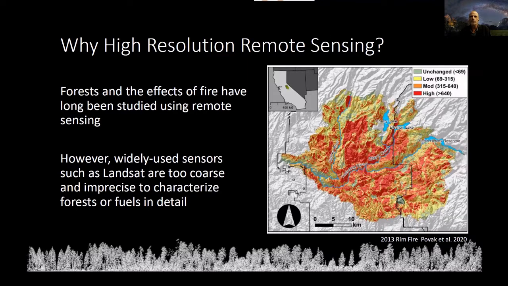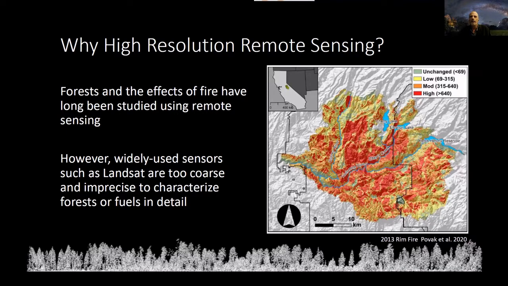The European Sentinel-2 satellites, which have similar but higher resolution capabilities, are also very prominent. And you can see here, for example, a burn severity map derived from Landsat data.